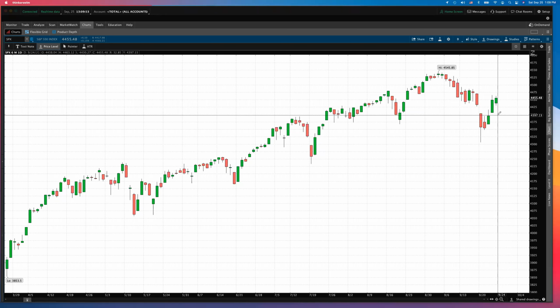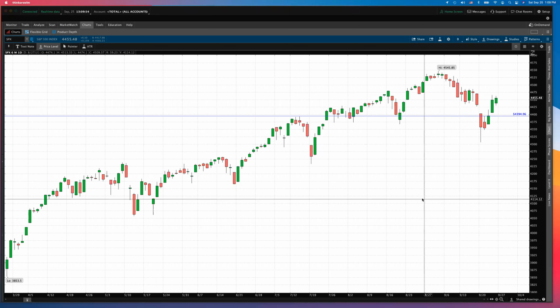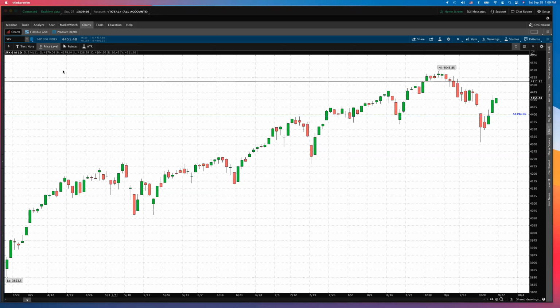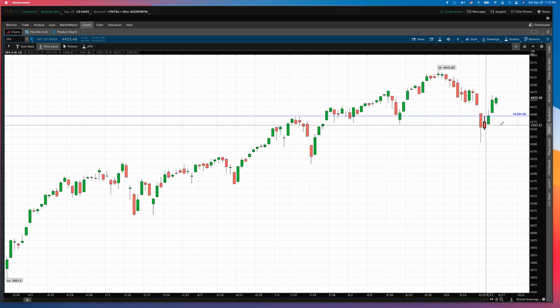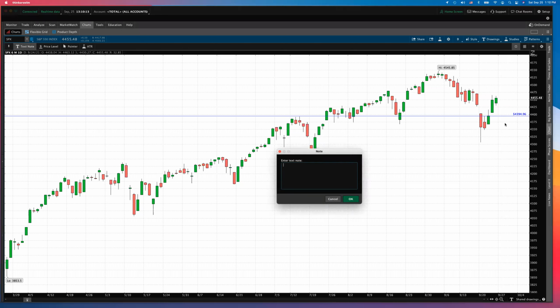Price is not going to fall below this line over here, 43.94. And so I am going to sell a credit spread, a put credit spread below this. I'm going to explain all of this. So I'm going to get a PCS in this area.